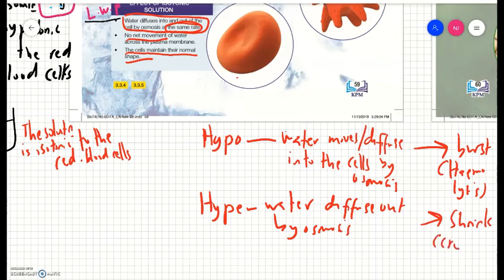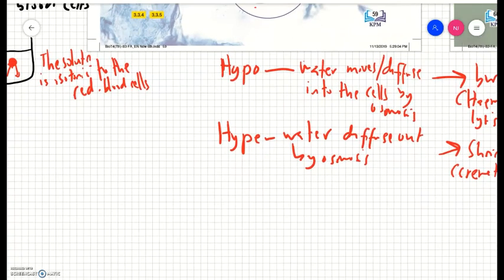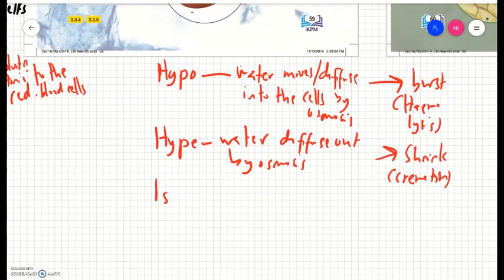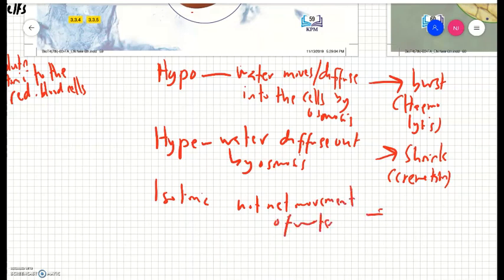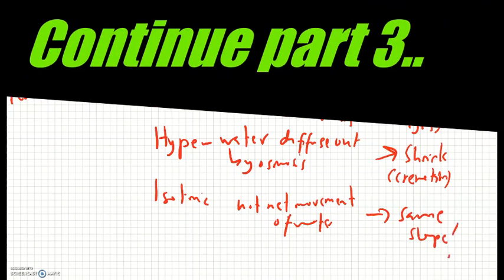We call it crenation. Okay, and then the last one, isotonic. What, no net movement of water. So same shape. Okay.